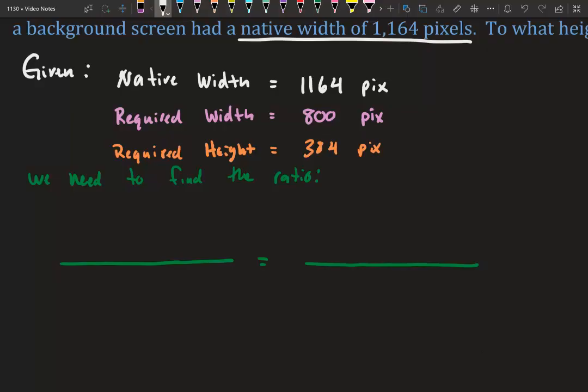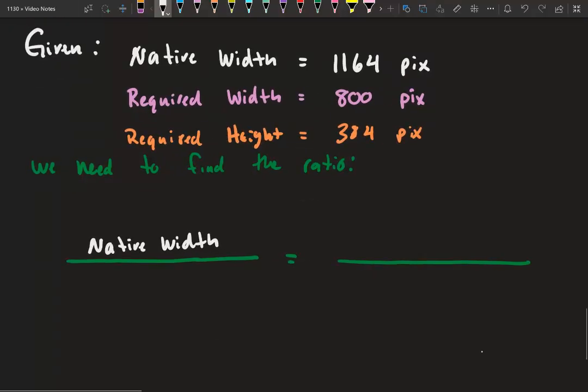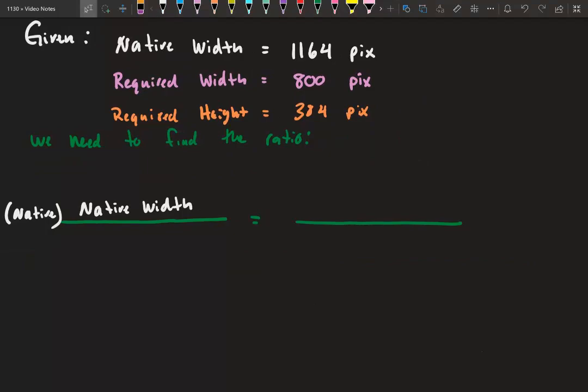So let's just say you start off with native width because that's the first thing you see on the given. That's okay. Native width. So do you notice on the left side we started with native? And on top we're writing width. So another width we have, that's the required width. Height, we don't know the native height, but on the left side it better be native.